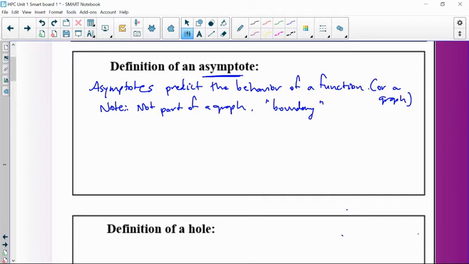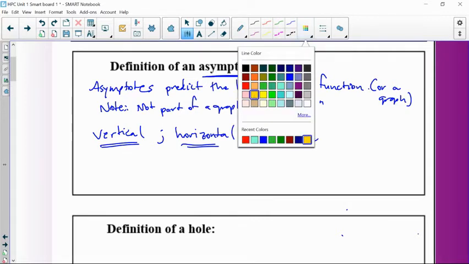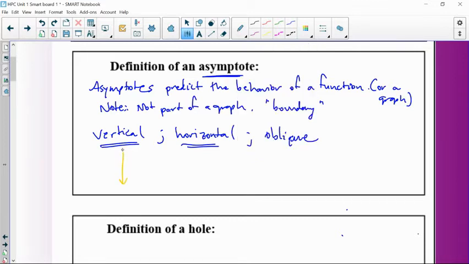There are several kinds of asymptotes. There's vertical, and you definitely cannot cross or touch a vertical asymptote. There's horizontal, which, depending on the function, you actually can cross, and we'll see some of those. And then there's oblique. Vertical, we know what that looks like.